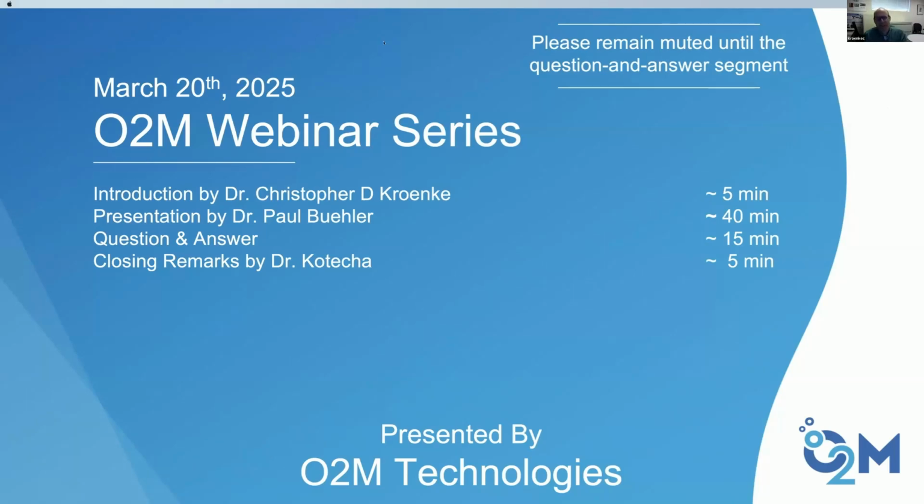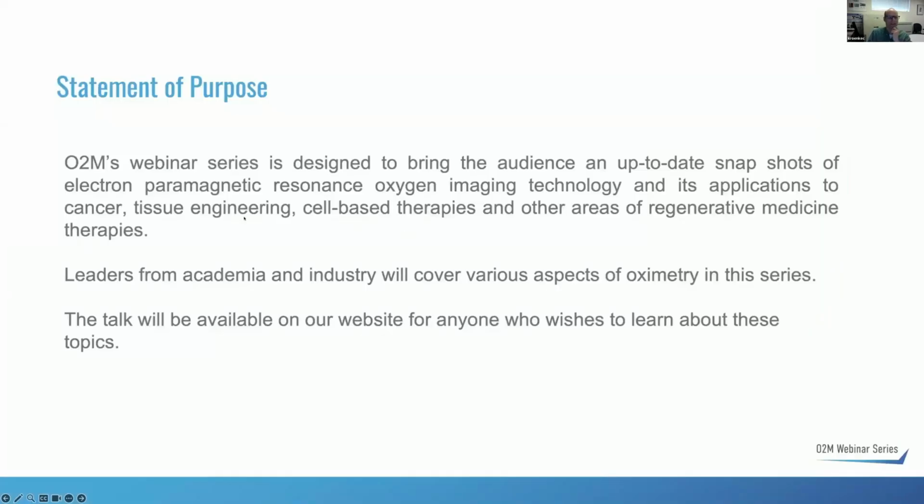I'm at the Oregon National Primate Research Center, and I understand that this seminar series was underway during pandemic times, and it's taken a pause, but now is starting back up. Our first speaker in this series is Dr. Paul Buehler from the University of Maryland. Let's see if I can advance my screen.